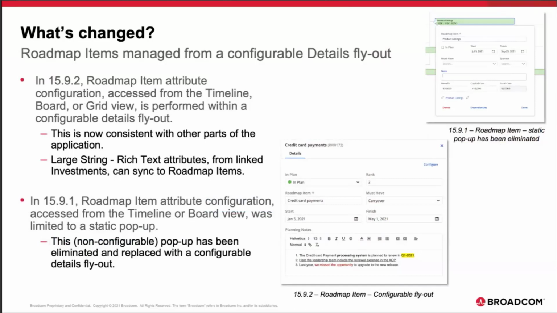In 15.9.1, the image in the upper right shows you the limited static pop-up that was available to add data to a roadmap. This is a non-configurable pop-up. It has been eliminated. So it's been replaced, like I said, with the configurable flyout that's right there in the middle of the page.